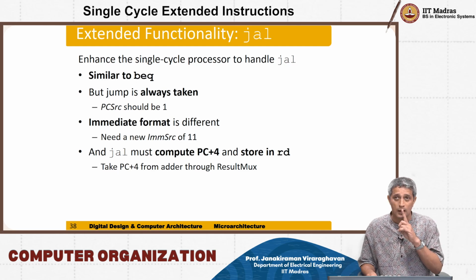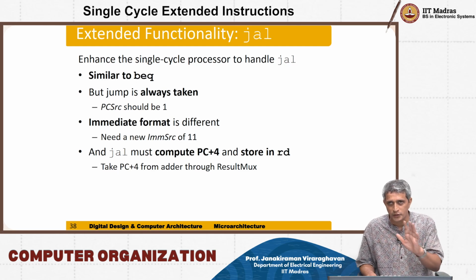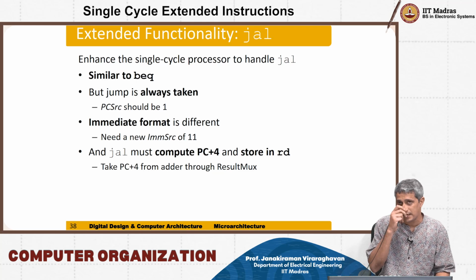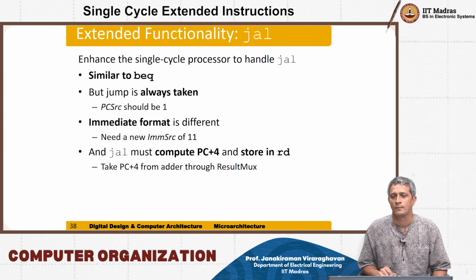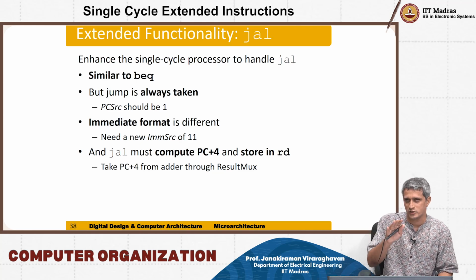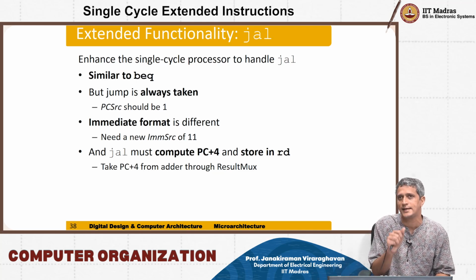However, remember, apart from this whole thing, the jump and link must also compute PC plus 4 and store it in RD. Now what is this jump and link? It's effectively like the call instruction that we did in x86. I told you that in the pseudo instruction, this call was mapped to this jump and link.